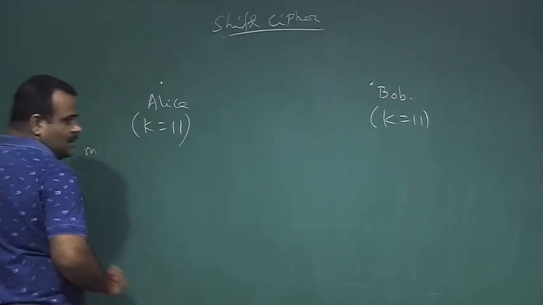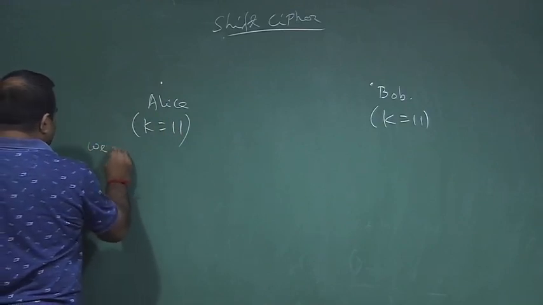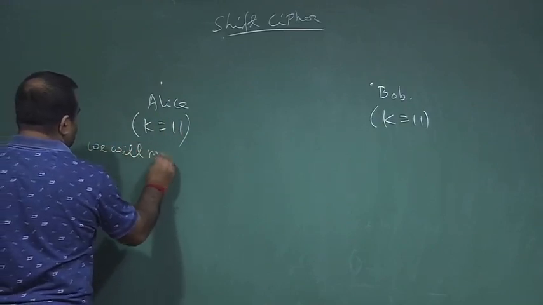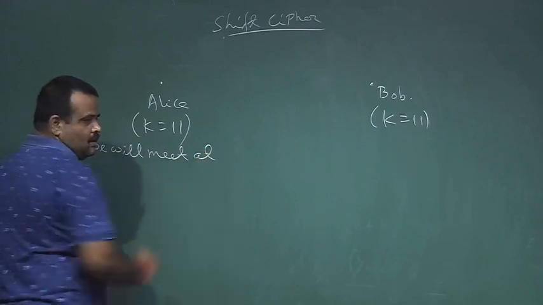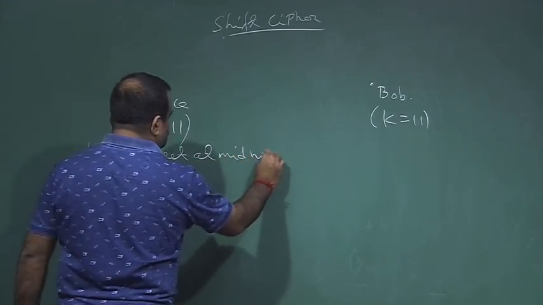What is the plain text? Plain text is we will meet at midnight. So, this is the plain text.